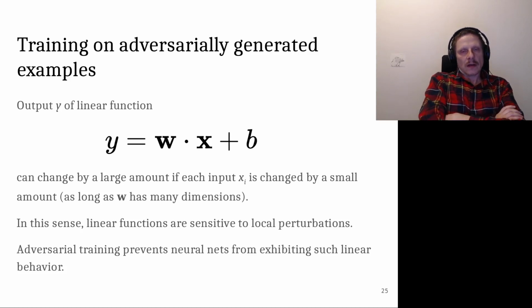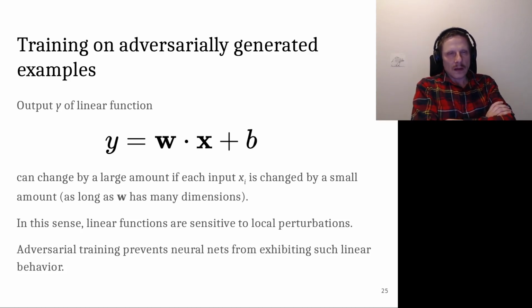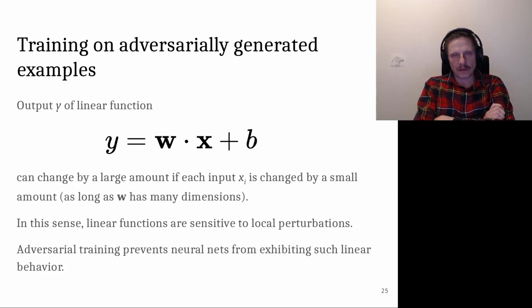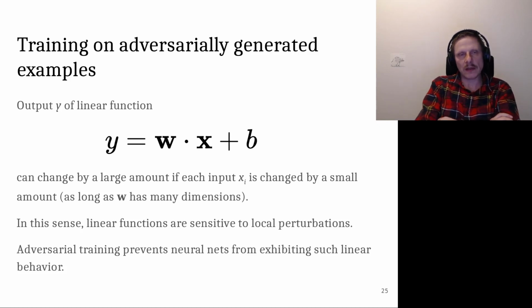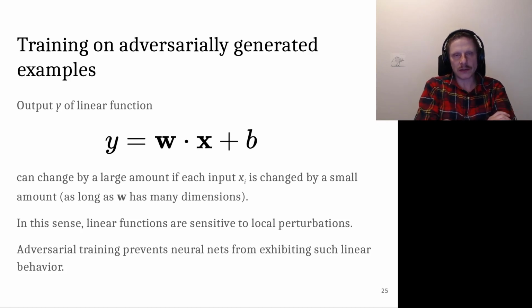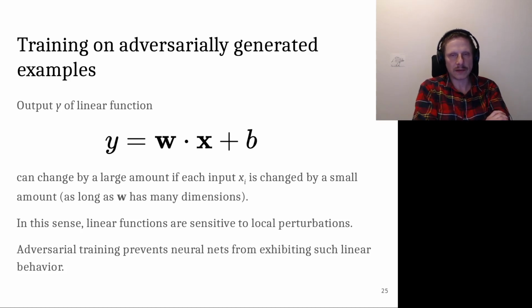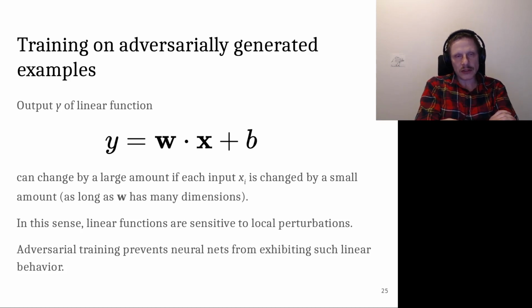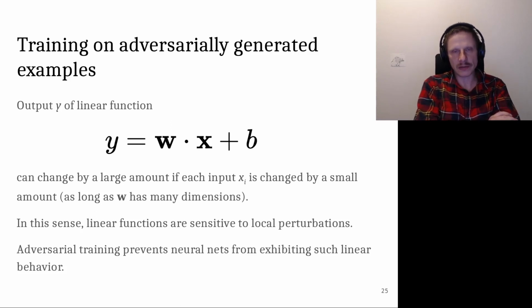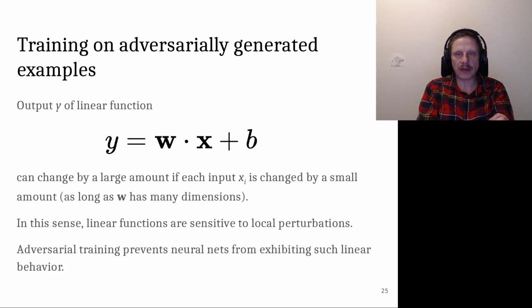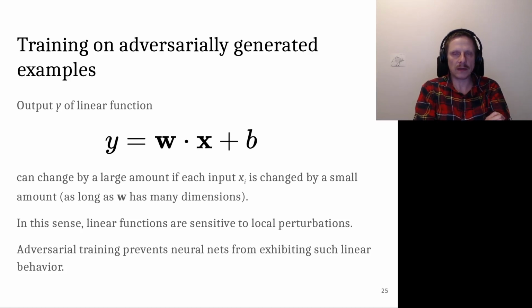And so what is meant by adversarial training? Well, let's have a look at a very simplified formal example of why these adversarial cases would even be possible in the first place. The output of a linear function, such as this one, with the weights or coefficients w, input vector x, and some bias b, can change by a large amount if each of these inputs x, so each dimension in this input vector, is changed by a small amount, as long as w has many dimensions.